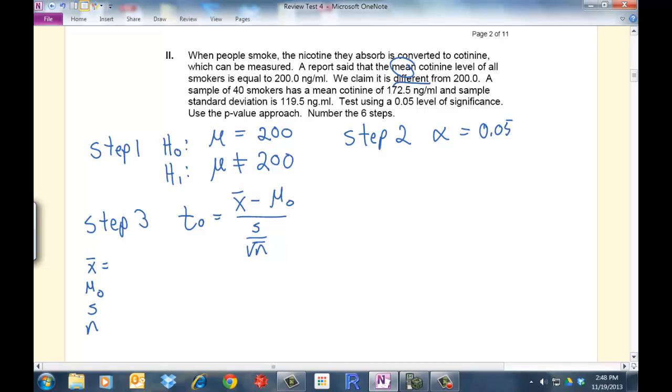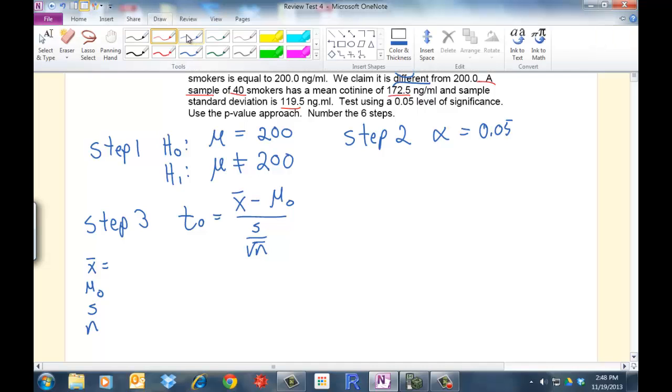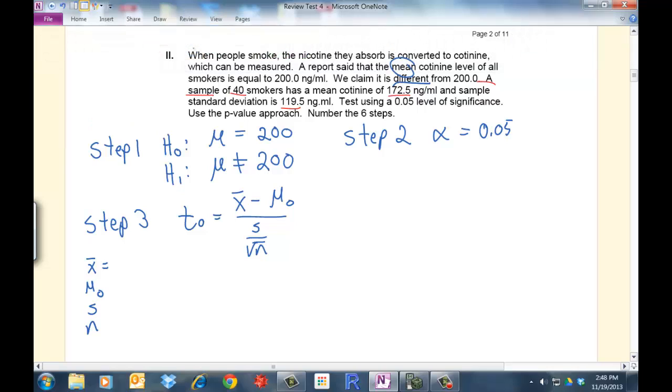And so remember, x bar is the sample mean, so let's go back into the question where it talks about a sample. So here we go. We'll do this in red. A sample of 40 smokers, so 40 is our sample size, has a mean cotinine level of 172.5 and a sample standard deviation of 119.5. So let's jot these values down.